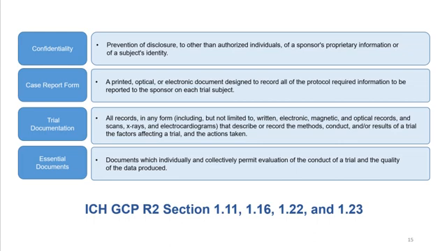They are: confidentiality, prevention of disclosure to other than authorized individuals of a sponsor's proprietary information or of a subject's identity; case report form, a printed, optical, or electronic document designed to record all of the protocol required information to be reported to the sponsor on each trial subject; trial documentation, or records in any form, including but not limited to written, electronic, magnetic, and optical records, and scans, x-rays, and electrocardiograms that describe or record the methods, conduct, and or results of a trial, the factors affecting a trial, and the actions taken.